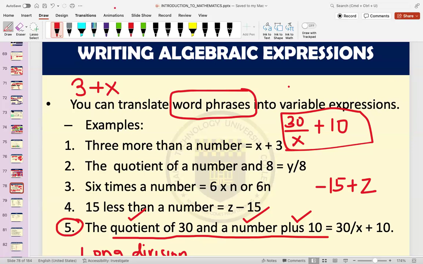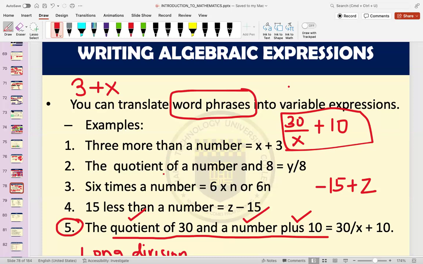Number 2, the quotient of a number and 8. Then when you look at 5, it says the quotient of 30 and a number. So this one, you will see that the number that we are not given is divided by 8. But when it comes to 5, the number you are given is divided by the number you are not given.